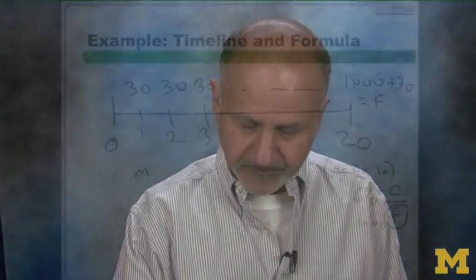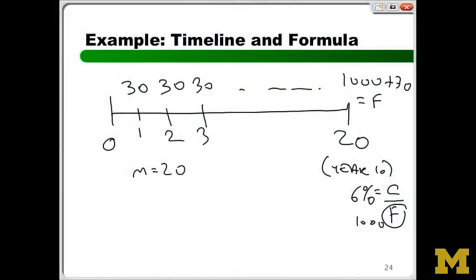Okay? So this is the nature of the timeline. Do I know N? Yes. Do I know coupon? $30 per 6 months. Remember, I have to match N with the coupon. I can't say 60 here. Okay?